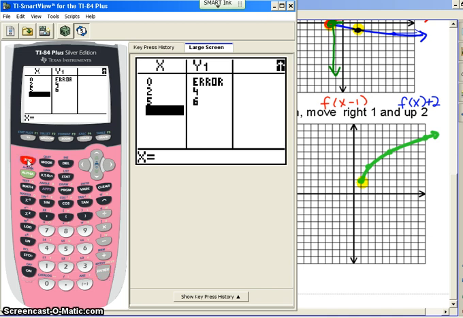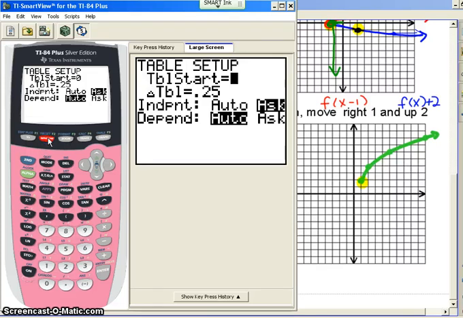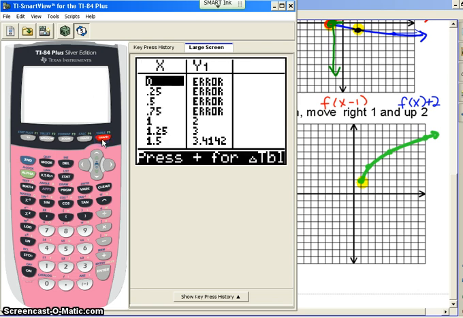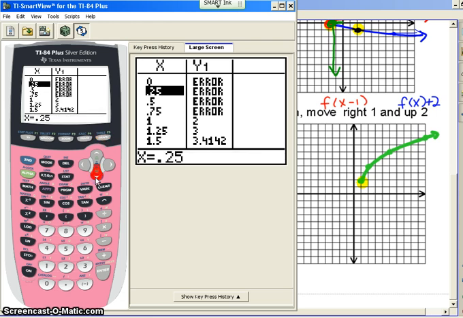If you don't like that, you could have it set up just regular. Go to your table, and you're going to see a lot of different numbers, decimal numbers. You can see that from 0 all the way to 1, there's errors. When you get to x equals 1, then that's when you start having good values.